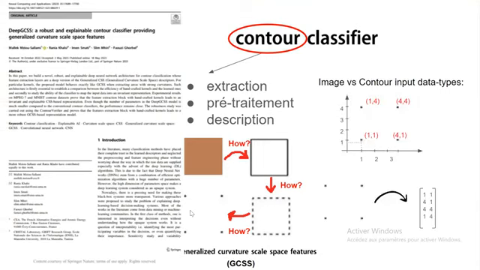When it comes to contour data, we can also have a matrix and see it as an image. But when we want to compare image to contour from an embedding point of view, if I have a contour, I can see it in the Cartesian plane. For example, I would have my x-axis here, my y-axis here, and I may have Cartesian or Euclidean coordinates of each point. For example, this one is 1, 1, this one is 4, 1, and so on.